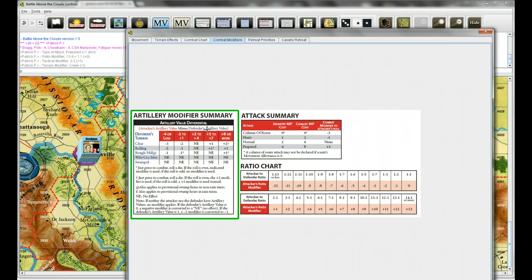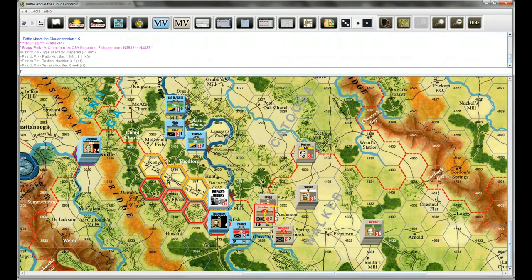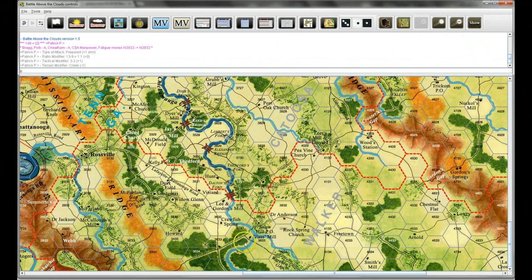So luckily for Polk, he has 3 artillery batteries attached to his unit versus Palmer's 4. Luckily, we're attacking into a wooded area here.